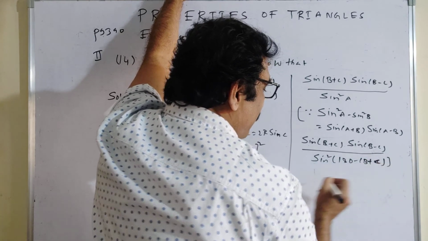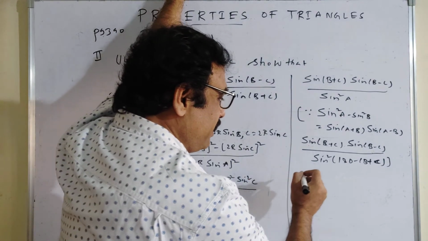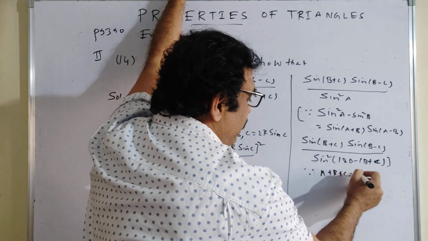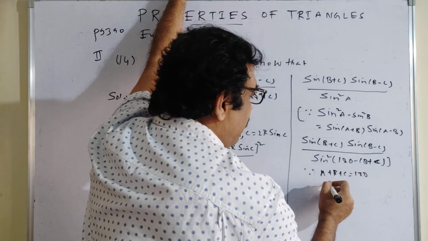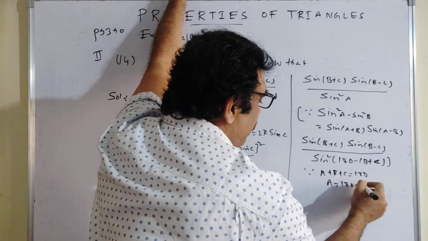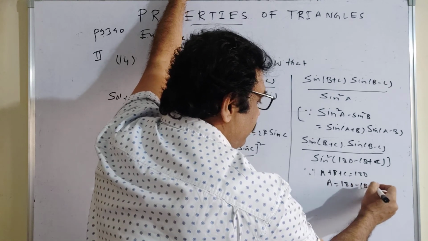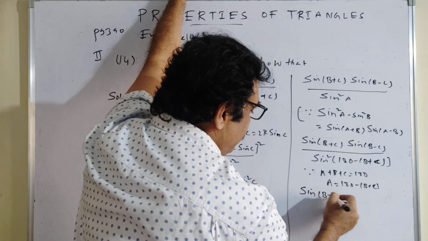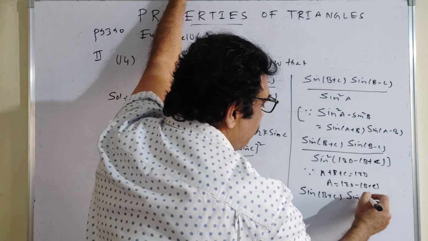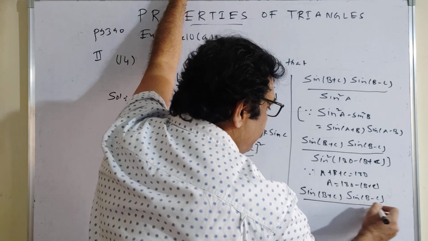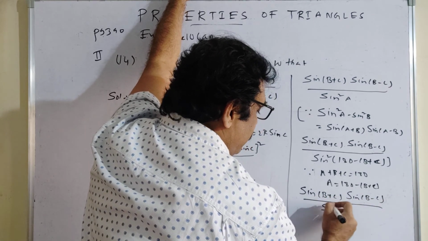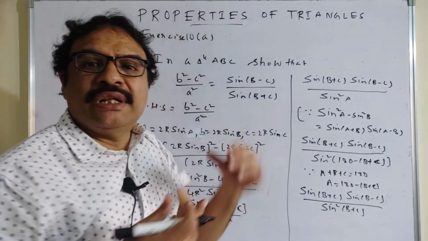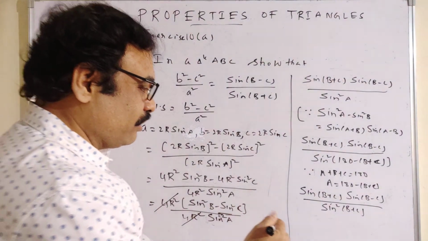We know that the sum of the angles in a triangle is 180 degrees. So A plus B plus C is equal to 180 degrees, and A is equal to 180 minus (B plus C). So what you are going to get is sine of (B plus C) into sine of (B minus C), by sine square of (B plus C), because sine of (180 minus theta) is sine theta, as that lies in the second quadrant.